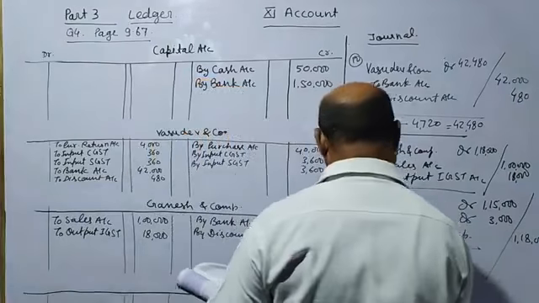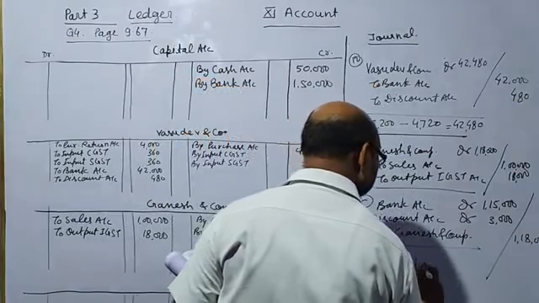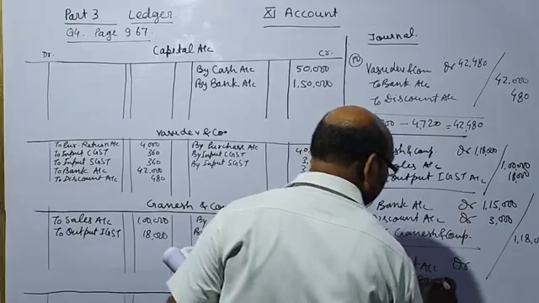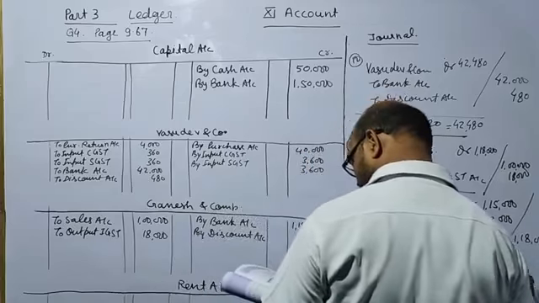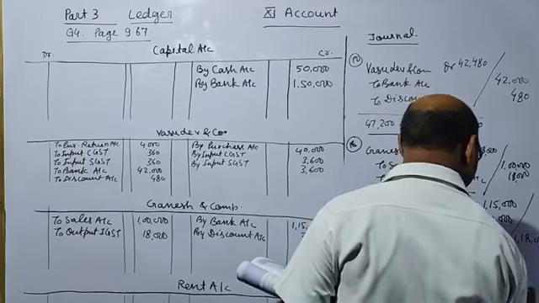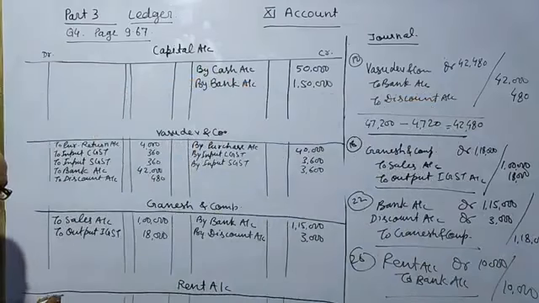So rent account debit to bank account. Amount is 10,000. Here rent is debit, so debit side you will write to bank account.